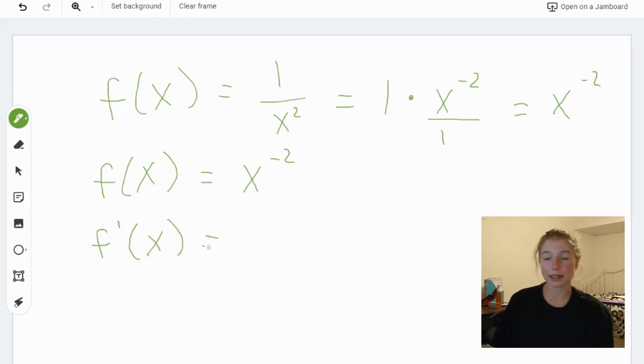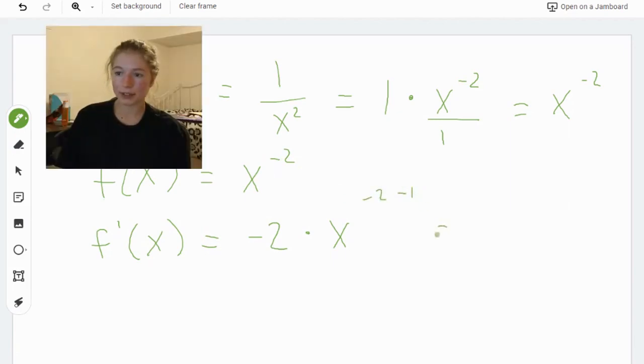We're going to bring down the exponent and multiply x by it. And then we're going to subtract our exponent by 1. Negative 2 minus 1. That's going to give us an answer of negative 2x to the power of negative 3. And if you want, you can simplify it at the end to give you negative 2 over x to the power of 3.